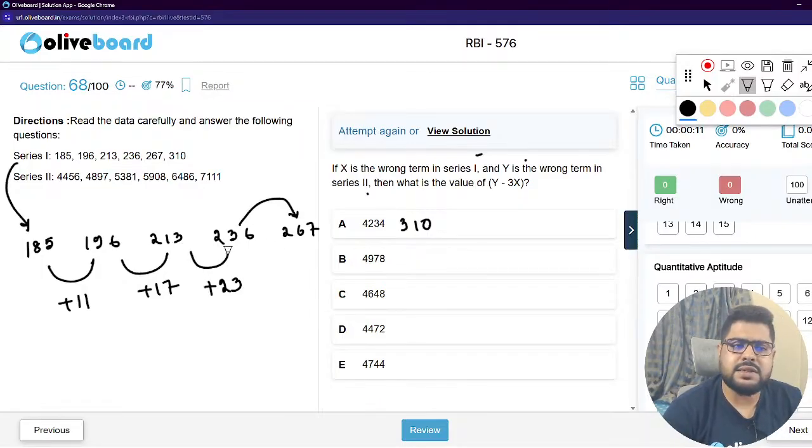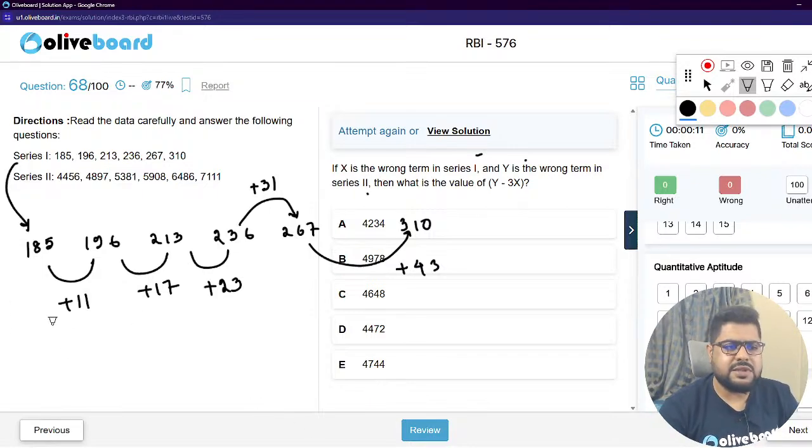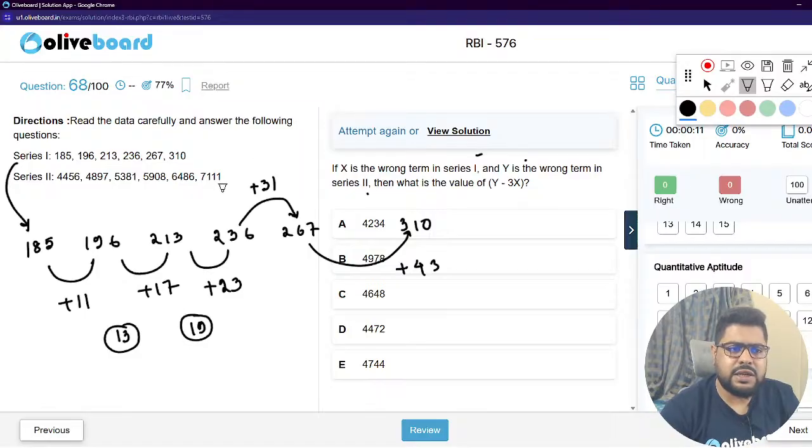This is 36, 11 plus 31. This is 43. Correct? The logic is prime numbers, sir, but among the primes, 11 is not consecutive. 11 and 17, there is a 13. 13 is not there. 17, 23, 19 is missing. 23, 31, 29 is not there.